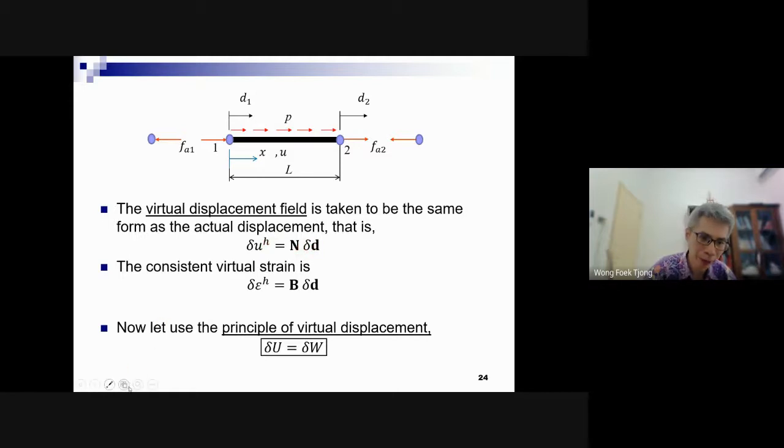Before we have U, and the form of U is like this. The actual displacement is the shape function matrix times the nodal displacement vector. So we just replace this one with delta D. That's how we define the virtual displacement.